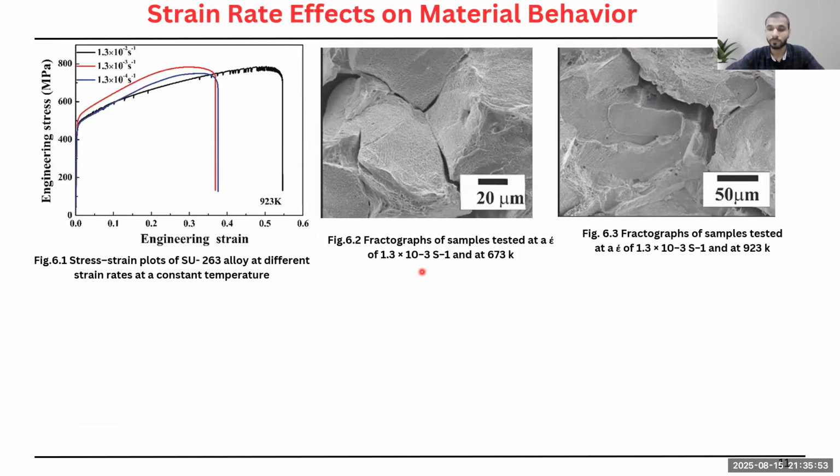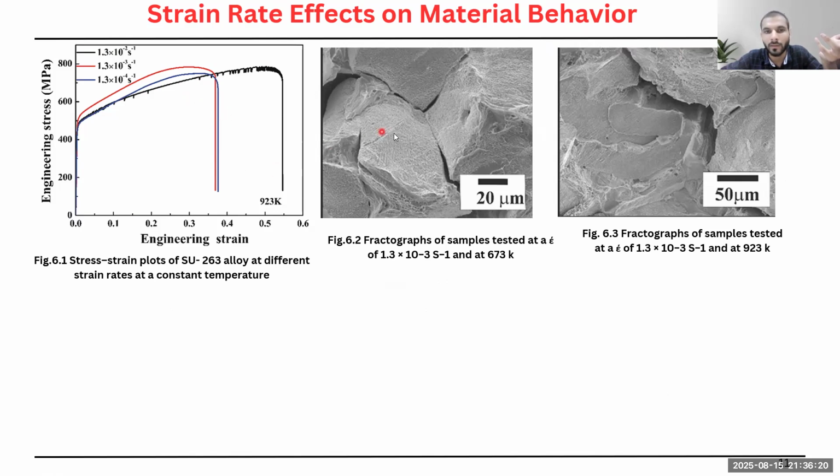Yeah, now we can see that as the strain rate increases at 923 Kelvin, you can see the flow stress and yield stress both are increasing. Right here, you can observe that both increase. This is because a higher strain rate gives less time for thermal activation.